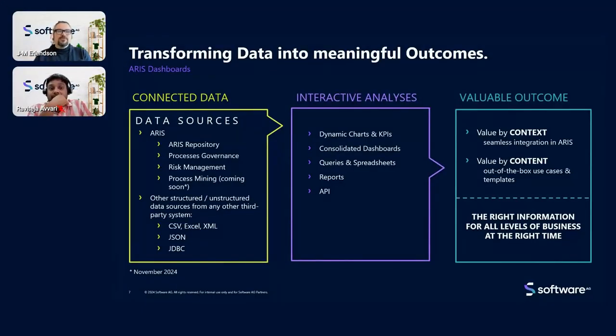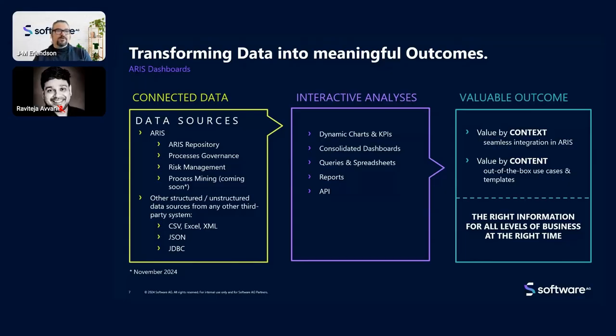So the idea is you're taking connected data from the various sources, you're building interactive analyses, and then you are creating outcomes for your stakeholders. Once again, these data sources can come from a bunch of different spaces.